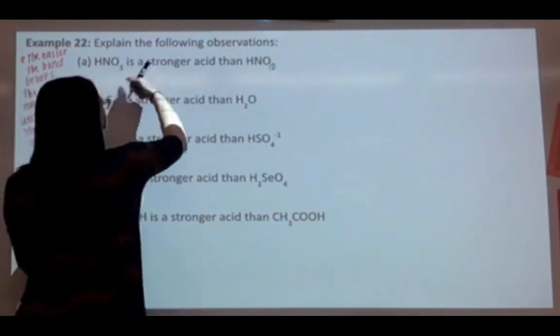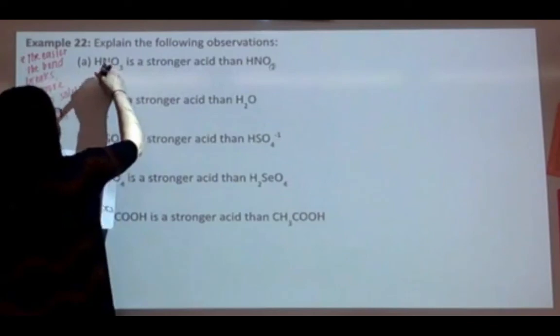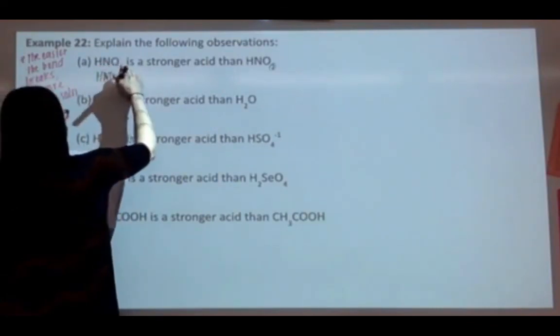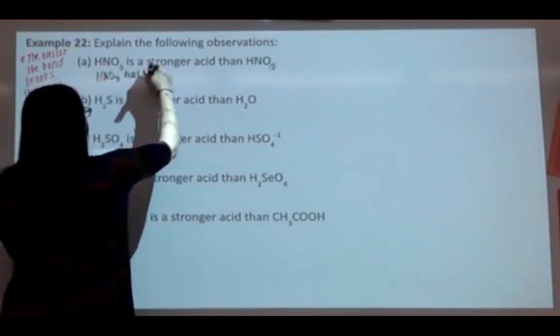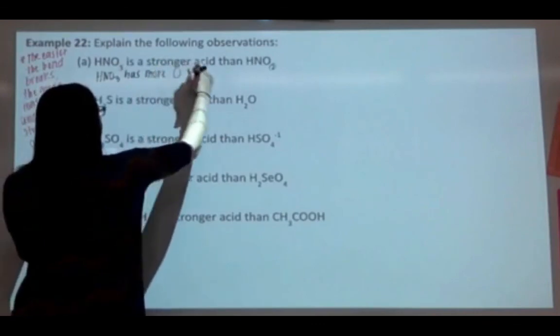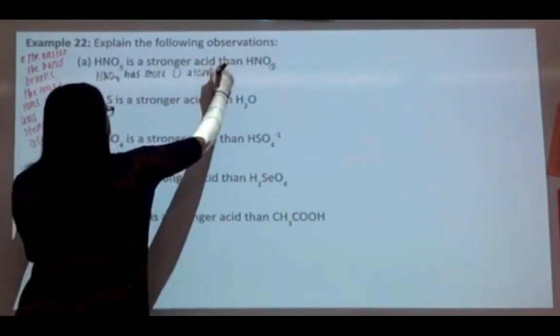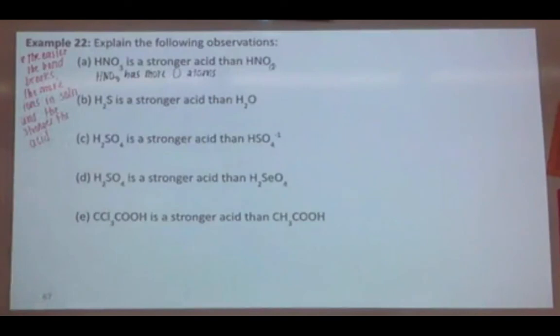So the reason that HNO3 is a stronger acid is that HNO3 has more oxygen atoms. That's O for oxygen, not a 0.